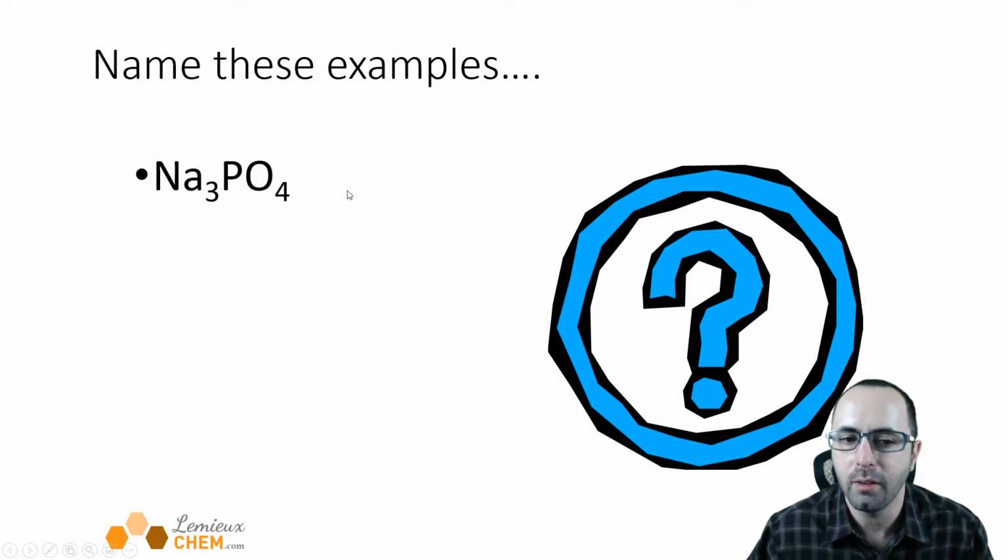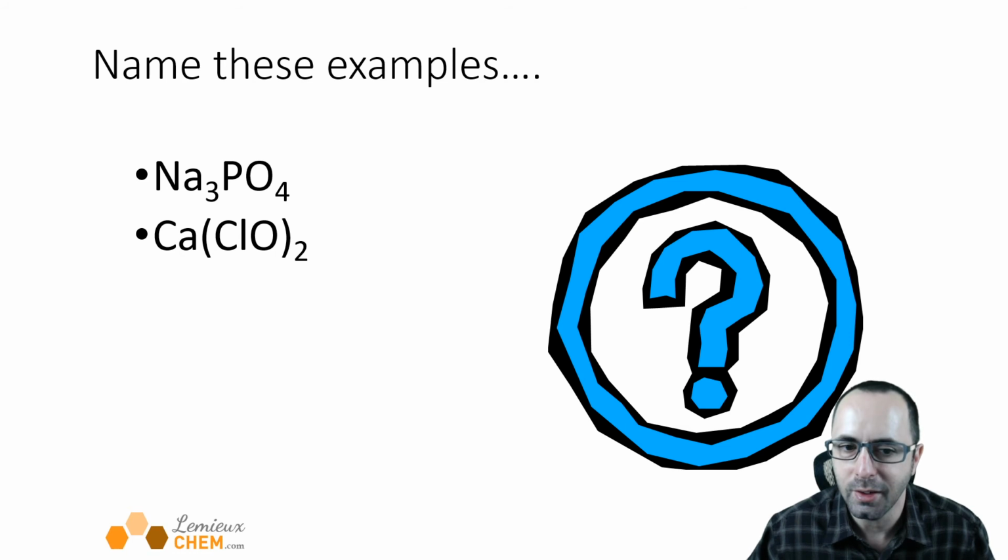We would call this sodium phosphate. This next one, I'm going to let you try. I'm going to tell you to pause the video after this to try this. I want to do this one for you though.